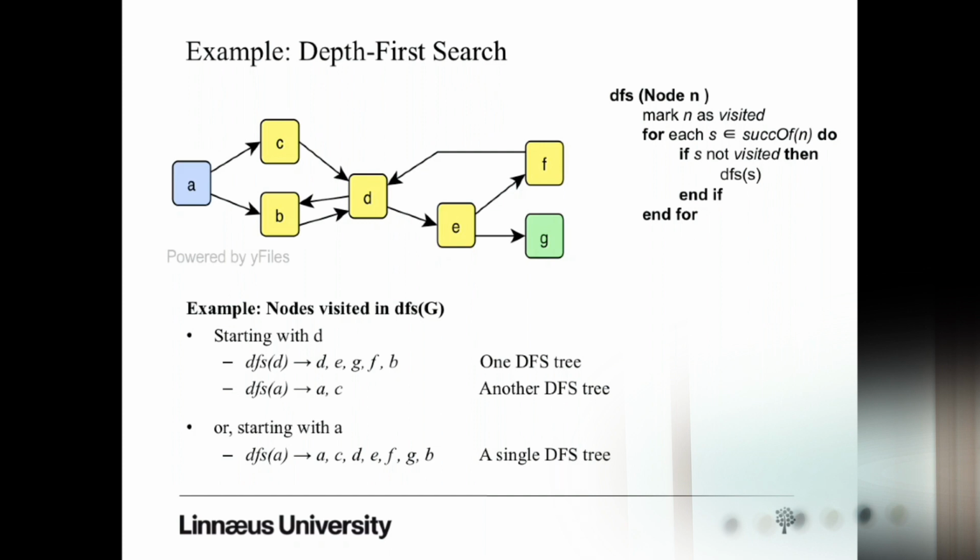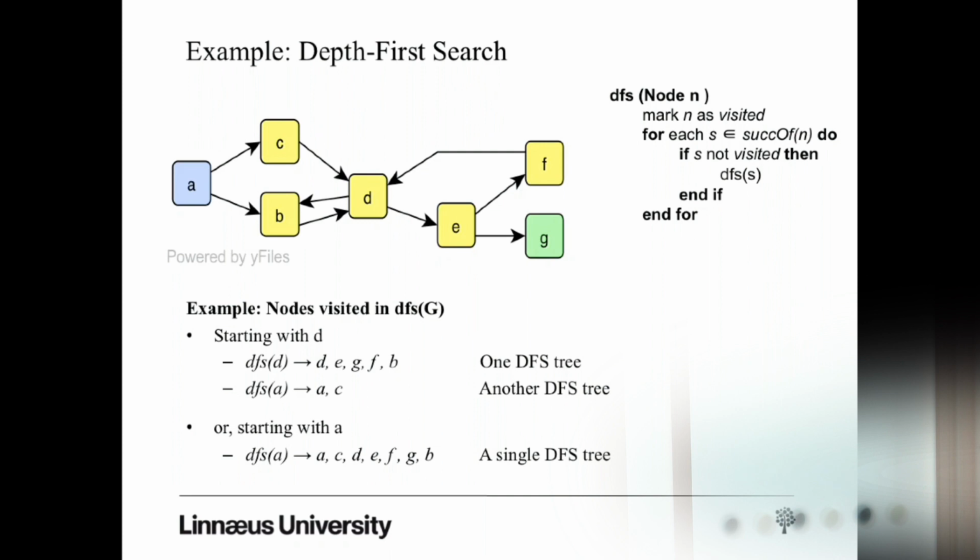So for example, we start from A and mark it visited. You can use some flag, some kind of value, to make sure you don't visit it again, or maybe you can add it into a set, and if you try to add the same element again in a set, that will not be allowed. Then you can go either this way or that way, because there is no restriction.